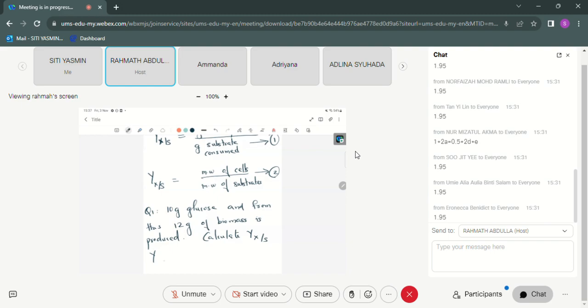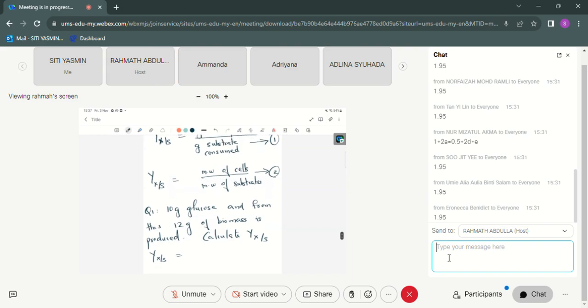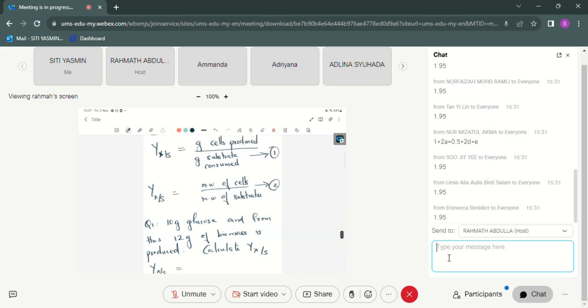Calculate Y X over S equals 12 gram of biomass produced and 10 gram of glucose utilized. Any answers? What is the biomass yield? How much biomass, the cells, is being produced?